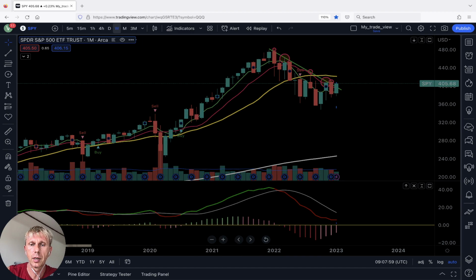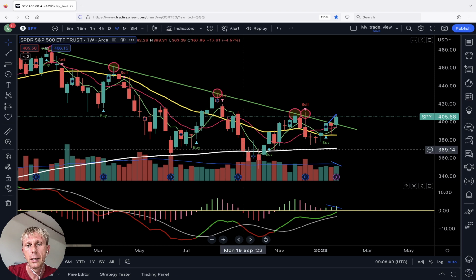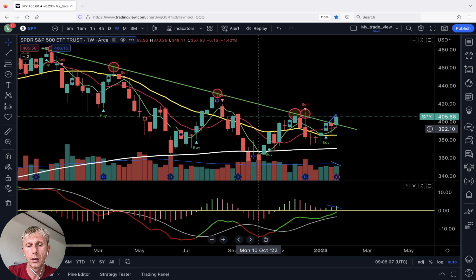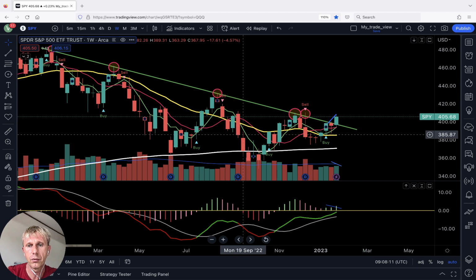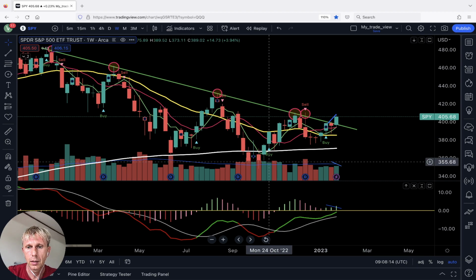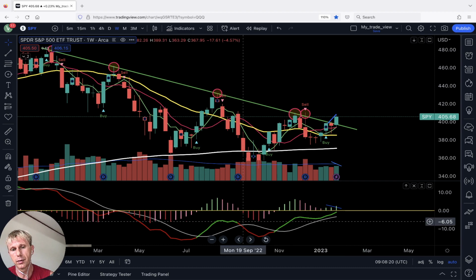Let me tell you about my setup. Sorry, I did not mention it to you. I'm using moving averages. White line is MA200, yellow line MA20, red line MA10, green line MA5. The volume is the bars, and I'm using only one indicator, the MACD indicator.